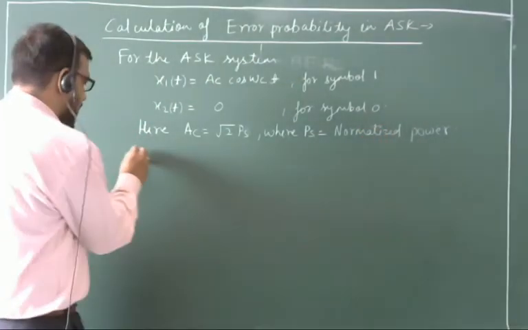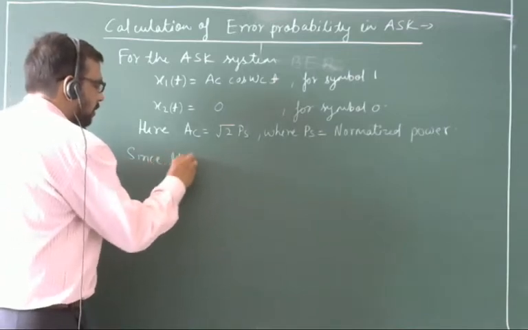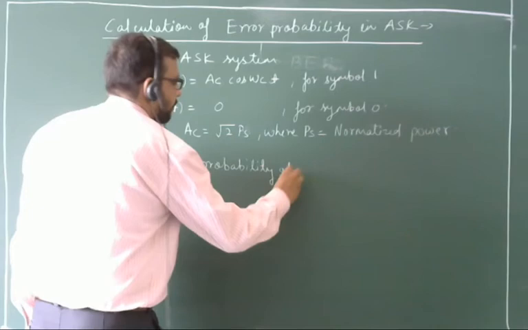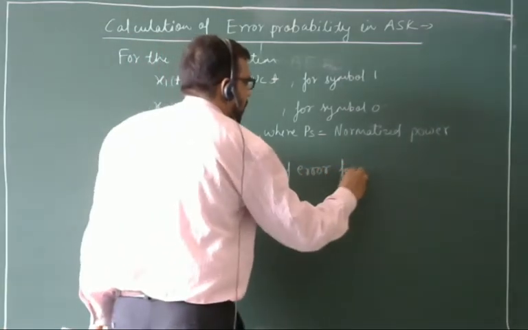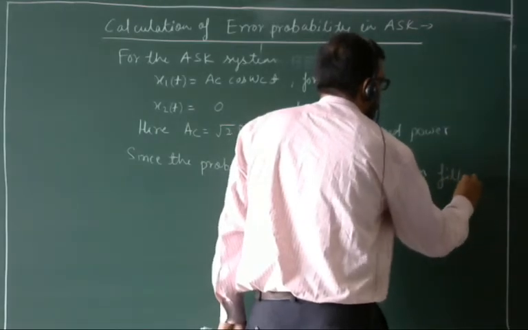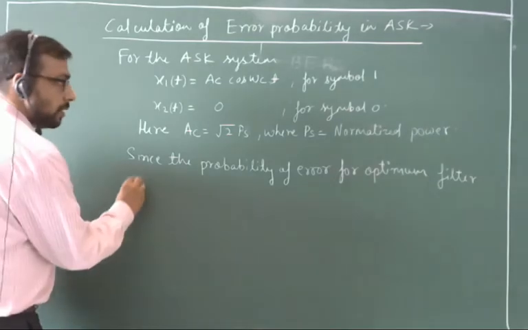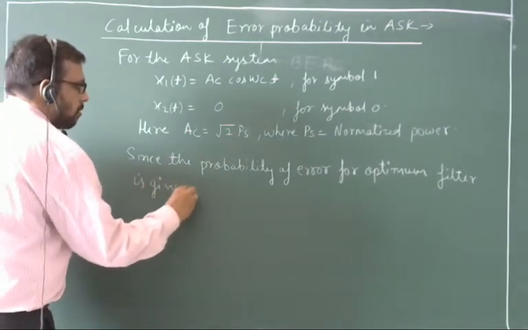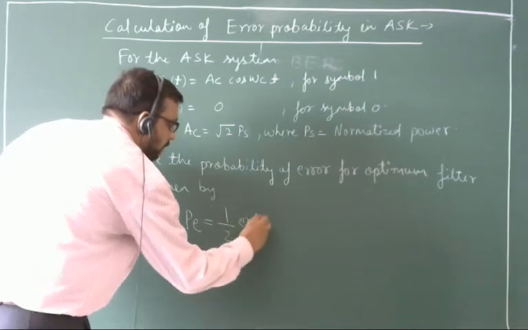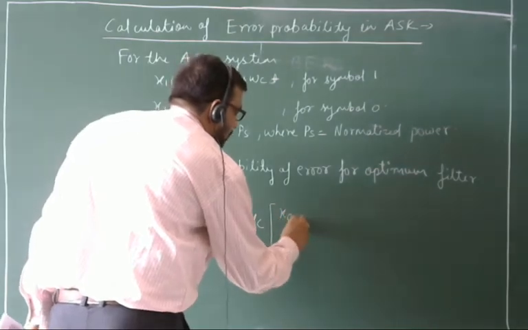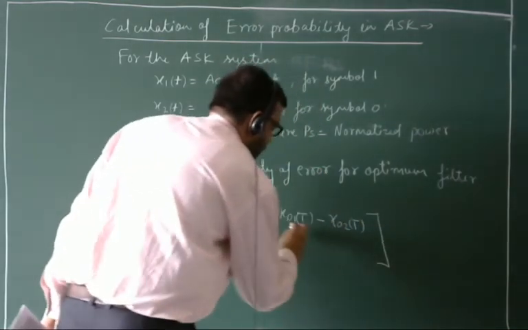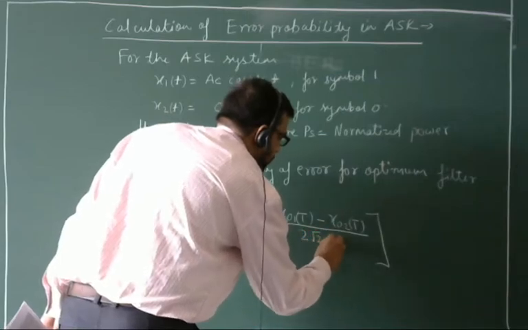And after that, as we know, the probability of error for the optimum filter is given by Pe is equal to half of erfc of (x naught 1(t) minus x naught 2(t)) upon 2 root 2 sigma.